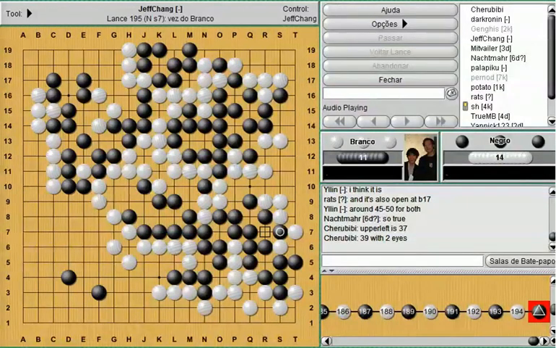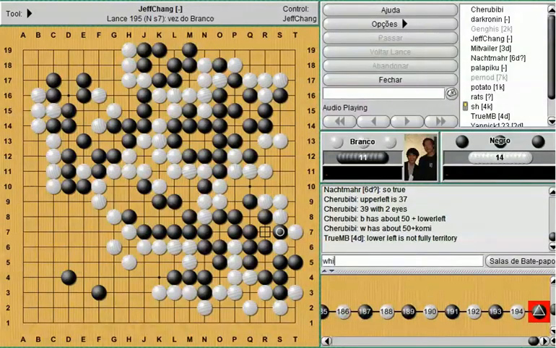Let me ask you a question. Here, if black wins the ko and white gets nothing, what is the situation? Lower left is not fully territory. That's correct. Exactly.